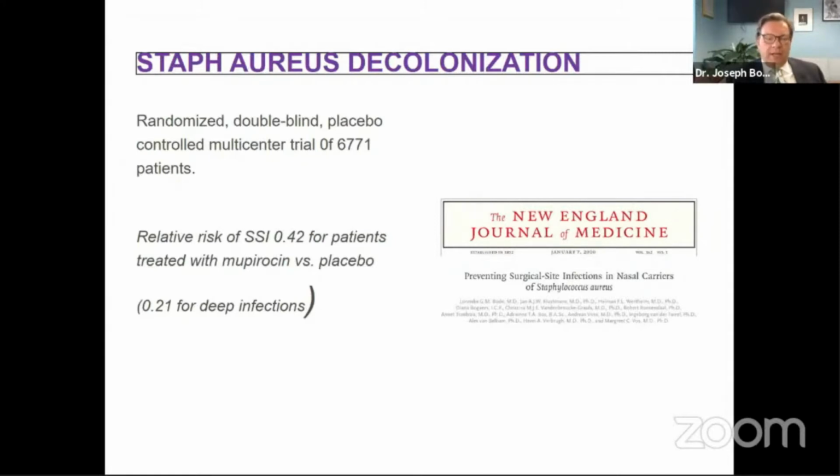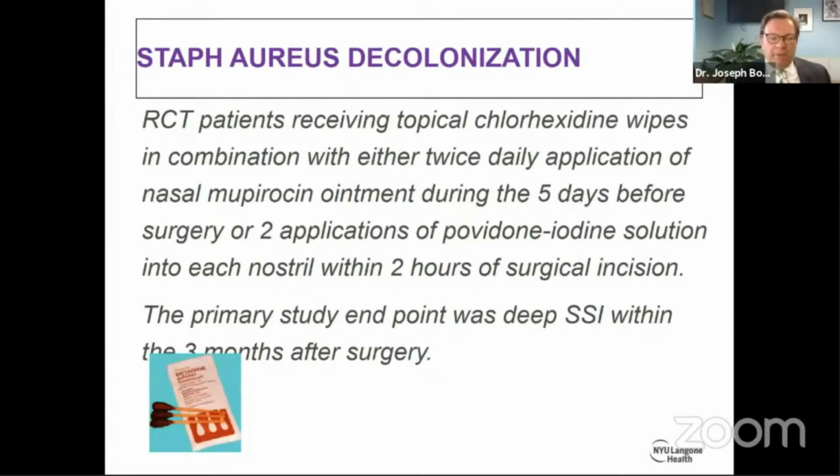It's been shown in the New England Journal of Medicine in a double-blind placebo-controlled study that if you decolonize patients with Mupirocin versus placebo, the relative risk of infections went down 50%, which is good. So we've been doing this since 2010 at our institution.